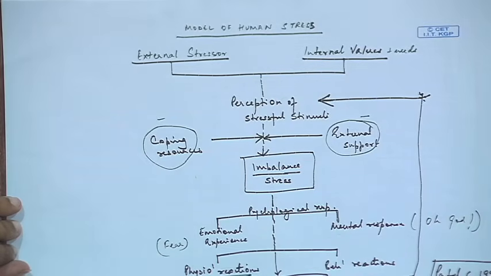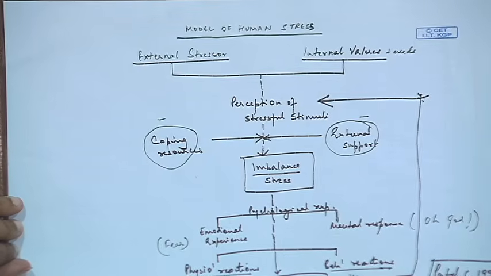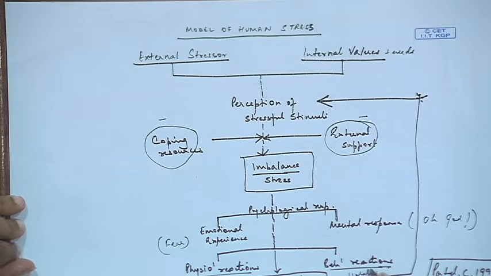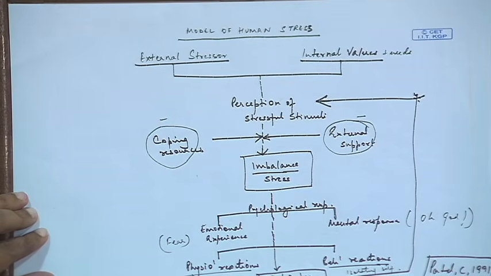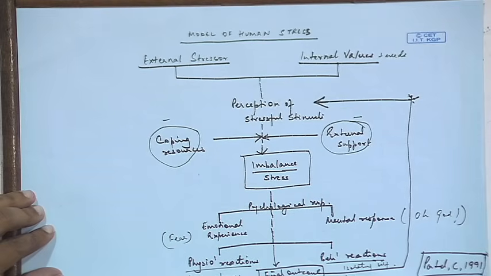So, here we are talking of the autonomic responses like increased heart rate, muscle tension, etc., and the behavioral reactions of, say, isolating self or getting angry, agitated, etc. And all these responses actually lead to the stress reaction.